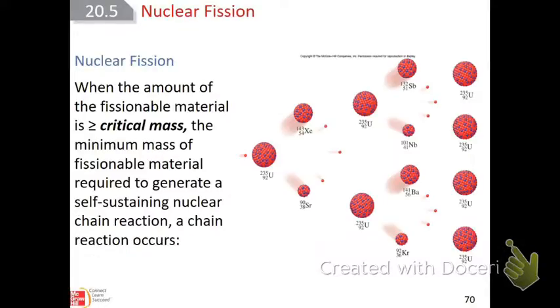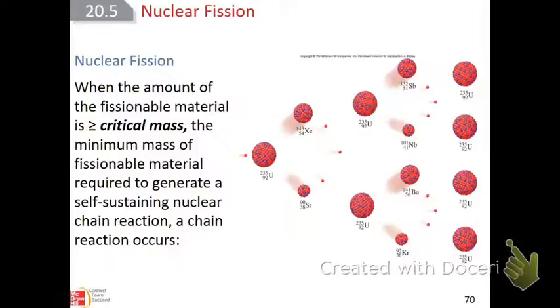When the amount of fissionable material is greater than what's called the critical mass, a chain reaction can be set off, and those leftover neutrons get shot out literally at light speed. They can hit another nucleus, split it, keep the reaction going, and generate a huge amount of energy.